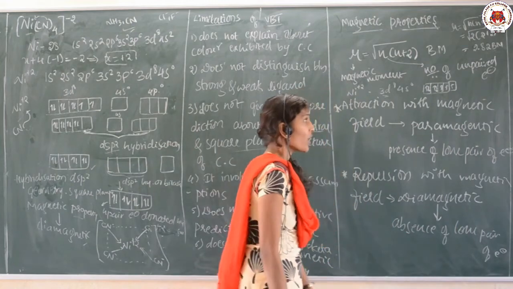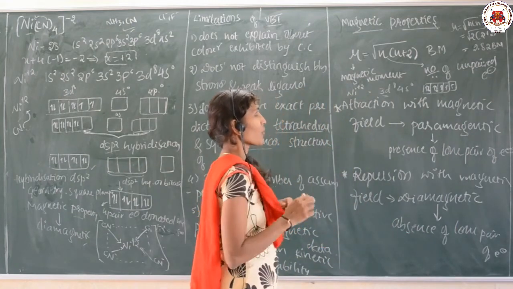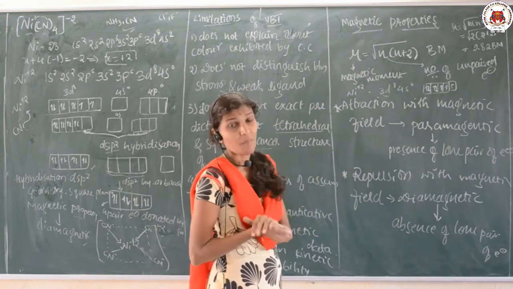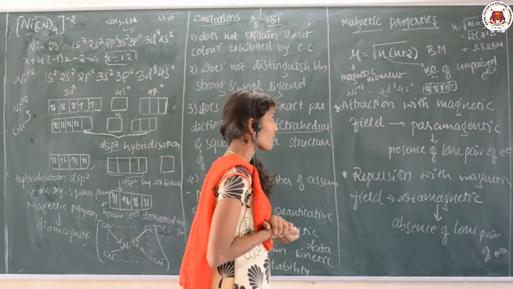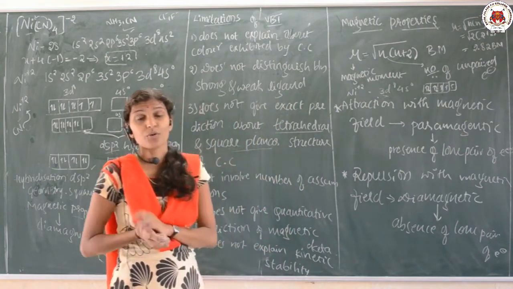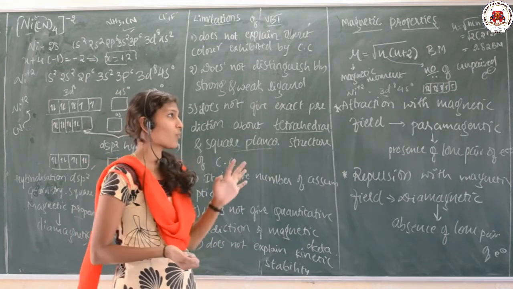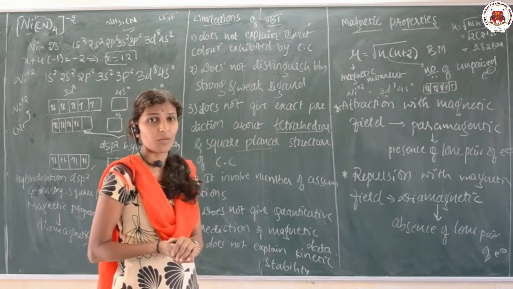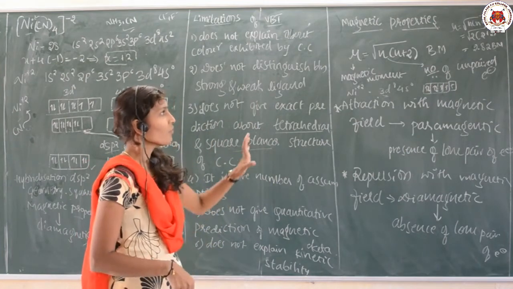Like this, we find the magnetic property on the basis of this formula. I hope you even learned this in the d and f block elements.